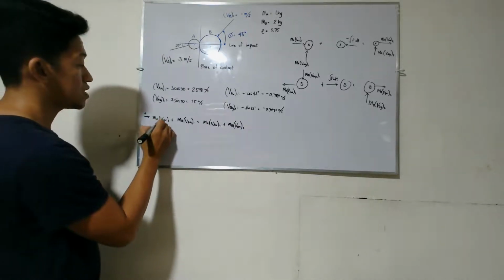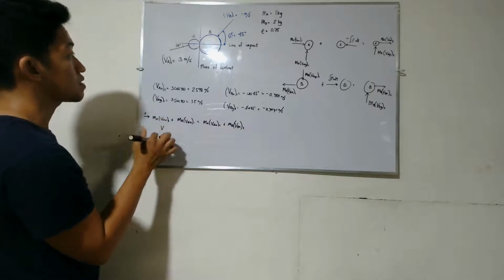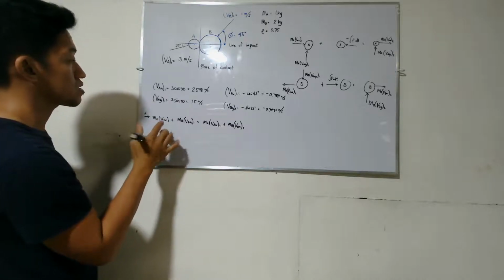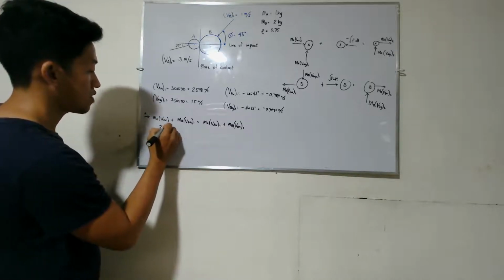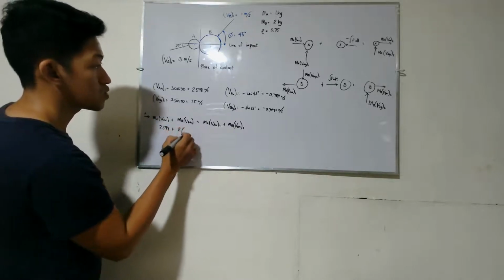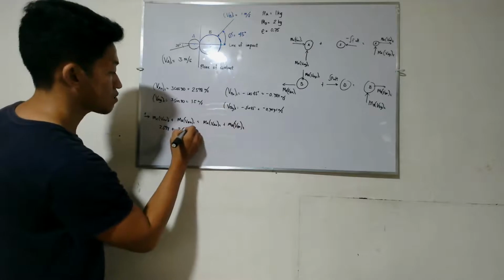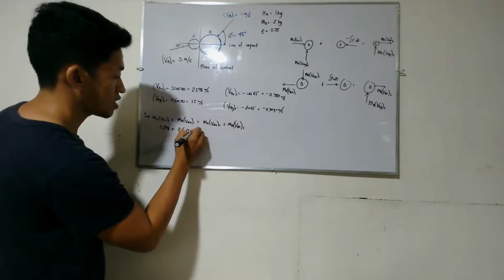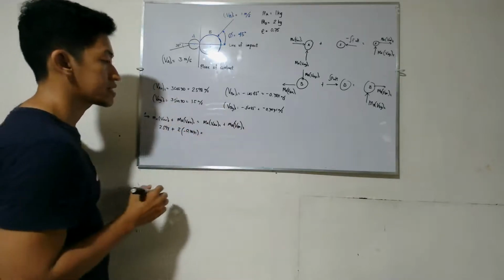MA is 1, so VAX1 is 2.598, plus MB is 2 times negative 0.7071.